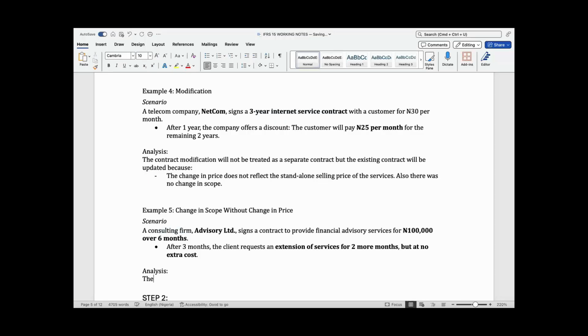So the contract modification will not be treated as a separate contract, but the existing contract will be updated.